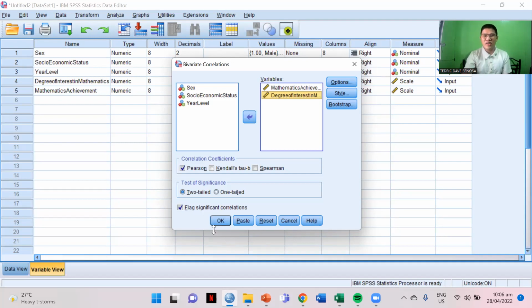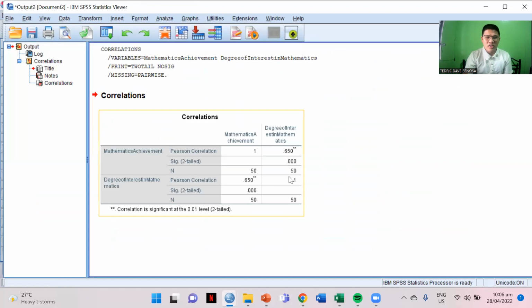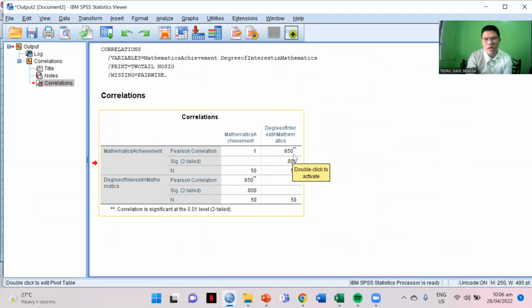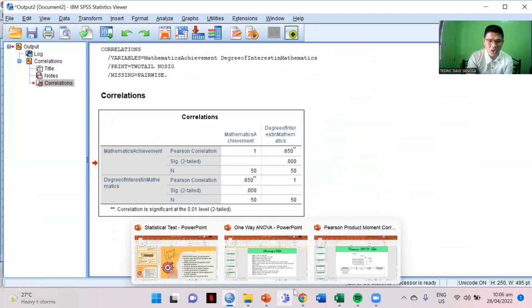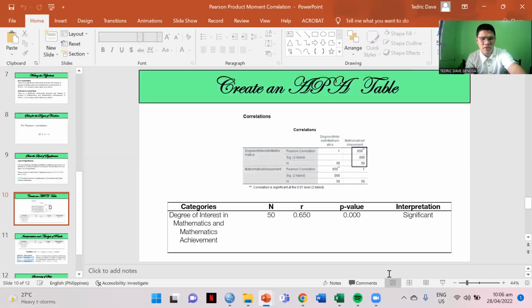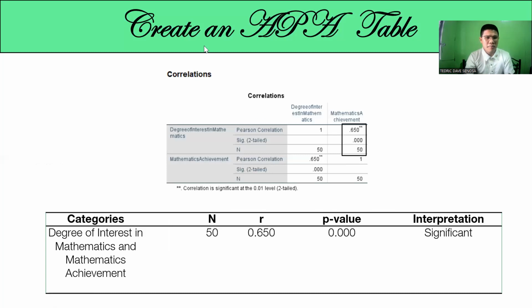Let's see if there is a significant relationship. There is a double asterisk, so there is a significant relationship. Going back to our APA format table, we will have this one.